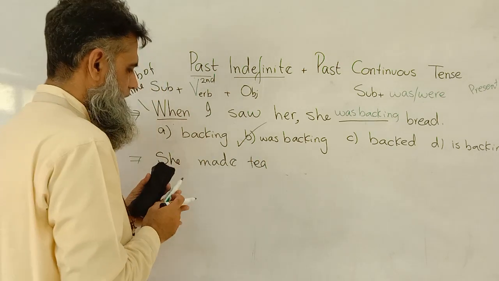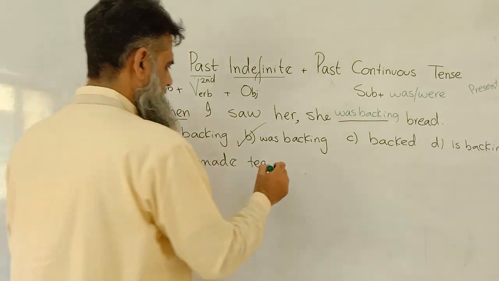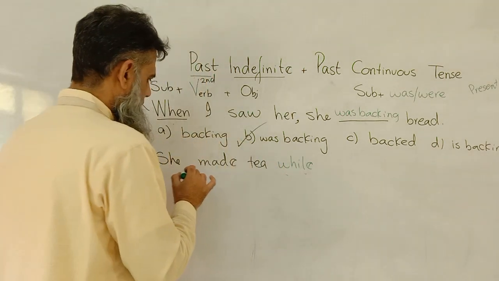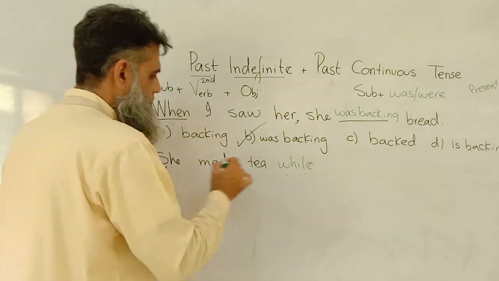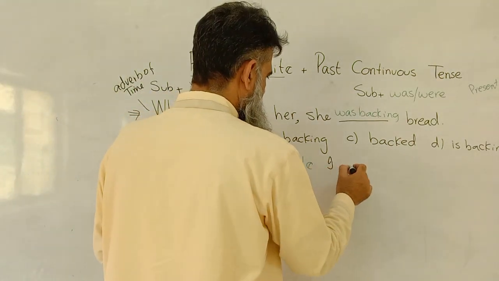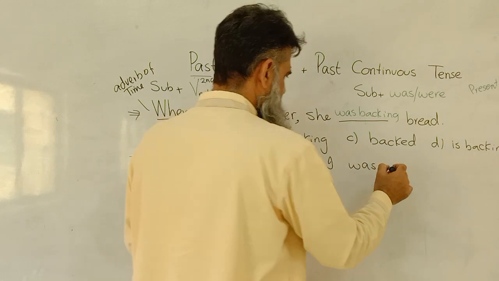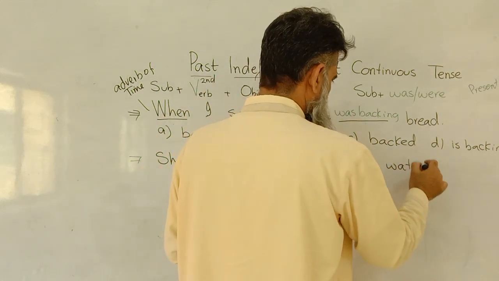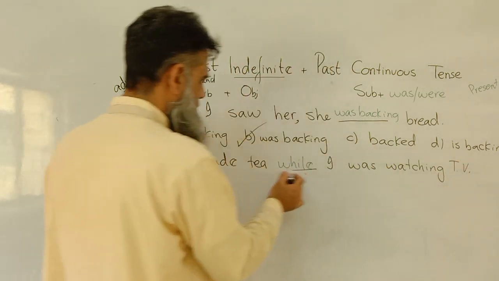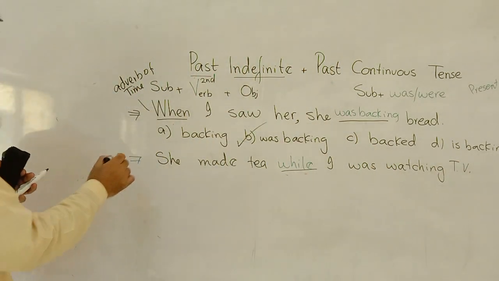Here we have the conjunction while. This is past indefinite tense. She made tea while I was watching TV. While I was watching TV, she made tea. So this is one type.